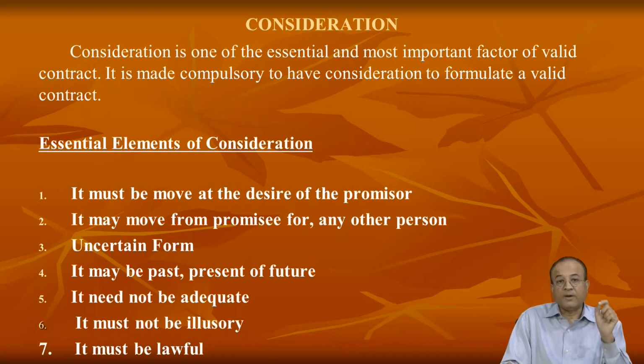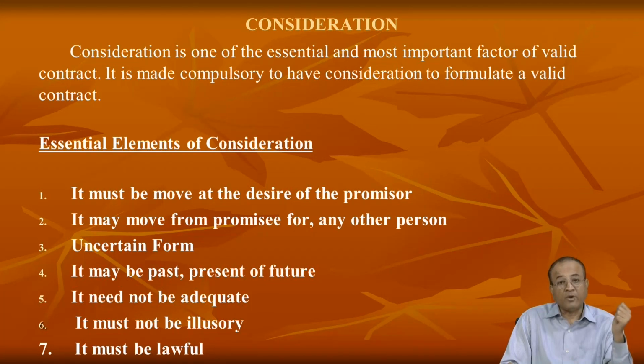According to the law, in the background of Indian circumstances, so long as consideration is present and moved at the desire of the promisor, it is immaterial who has furnished it. So consideration, if present, may move from a third party also.